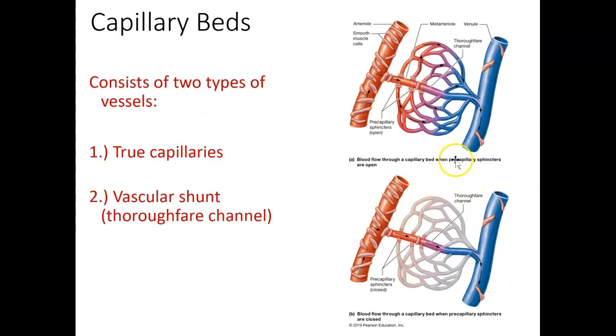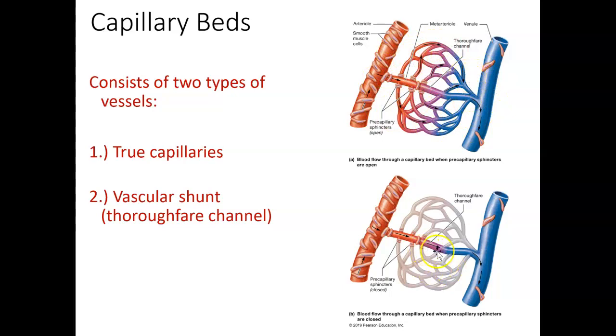When we have active tissues, we want blood to flow through true capillaries. When we're exercising, we want the blood to flow through the true capillaries in our skeletal muscle. But when we're exercising, we don't really need blood to go to our stomach and small intestine as much, because we're not trying to digest food, we're trying to exercise.